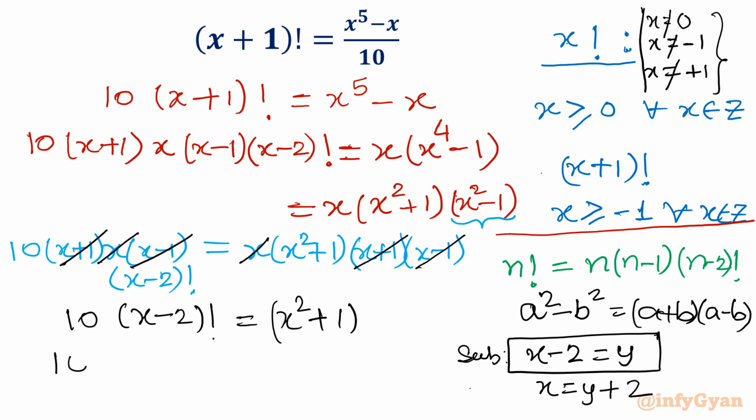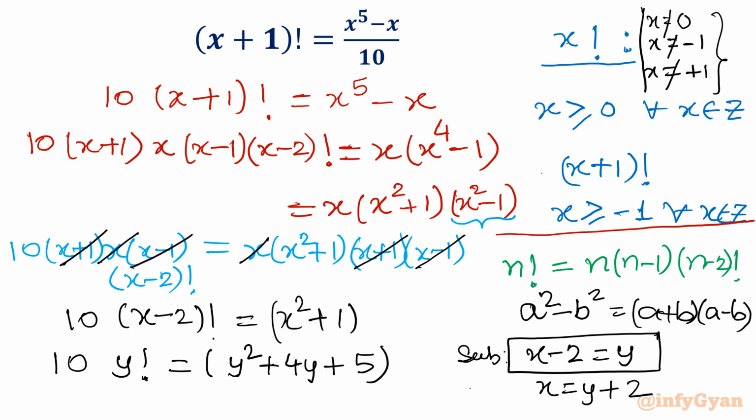So 10 times y factorial equal to x square. So it will become y plus 2 whole square. So I will write y square plus 4y plus 4 plus 1. So 5. Okay, I have written here x square first, which is y square plus 4y plus 4.